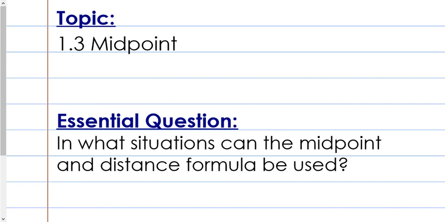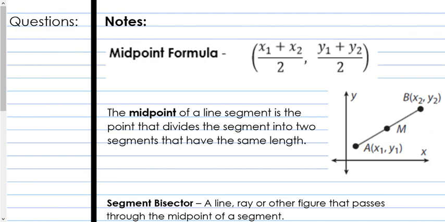First up, today's topic is 1.3 midpoint, and we're going to be talking about situations where the midpoint can be used. We learned about distance last class, today we're moving on to midpoint. The midpoint formula is that x1 plus x2 divided by 2 will give you the midpoint of the x-coordinate, and y1 plus y2 divided by 2 will give you the y-coordinate.